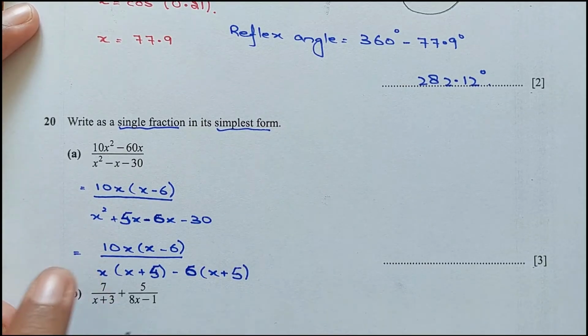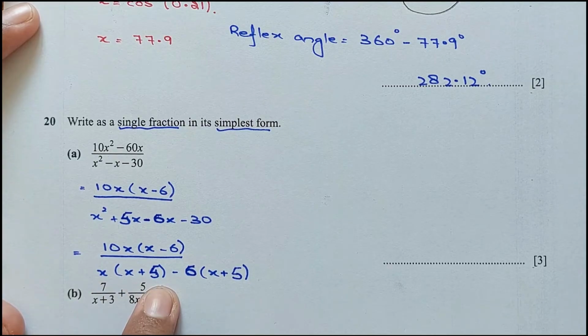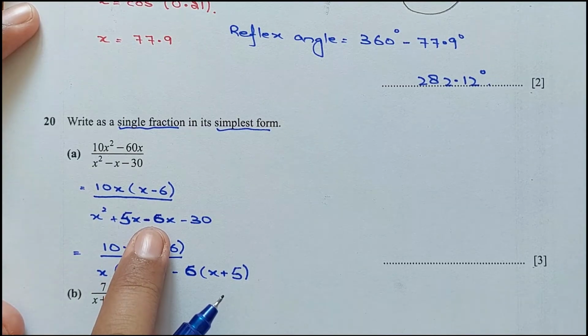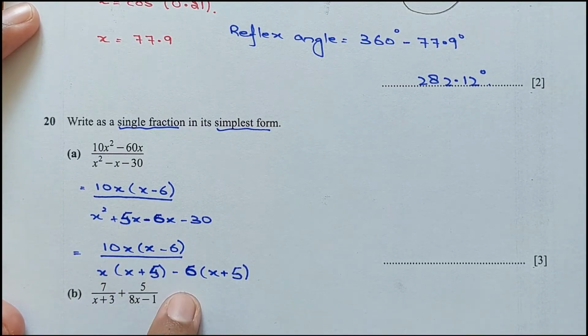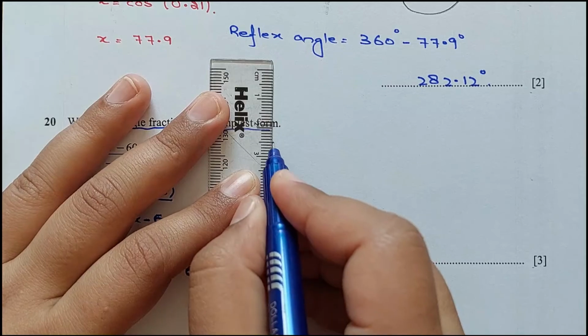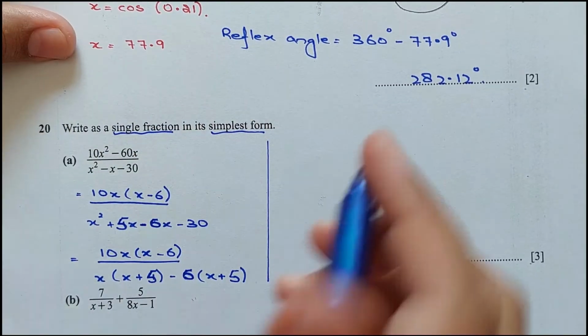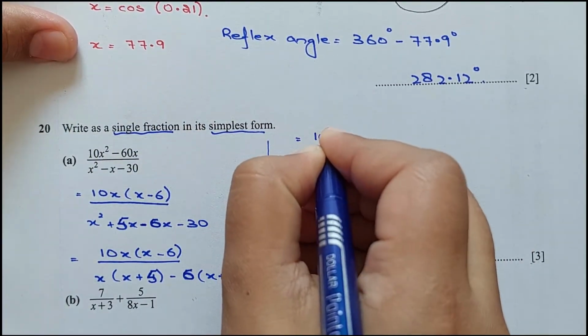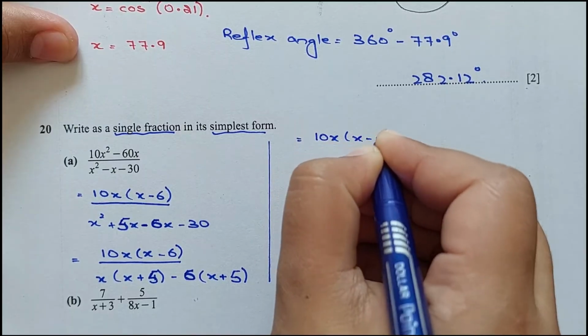Now from x square and 5x, x is common. We are left with x plus 5, and here we have negative of 6 common, x plus 5 is left. Let me simplify again. The numerator is already simplified, 10x into x minus 6.